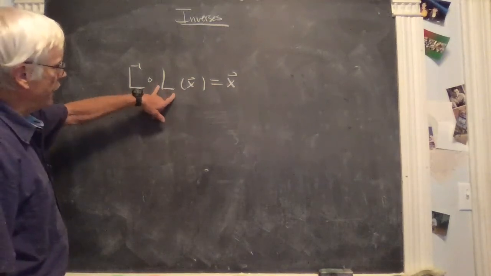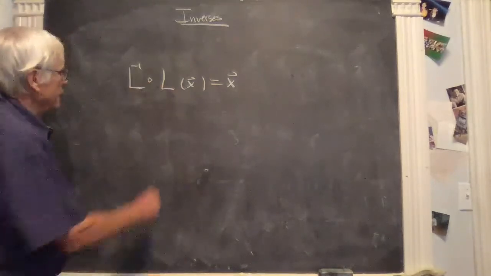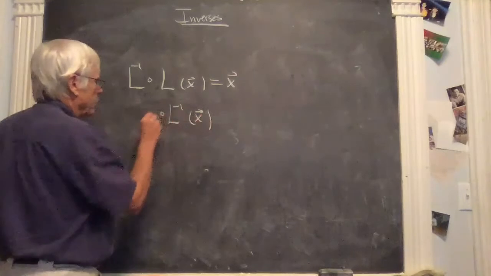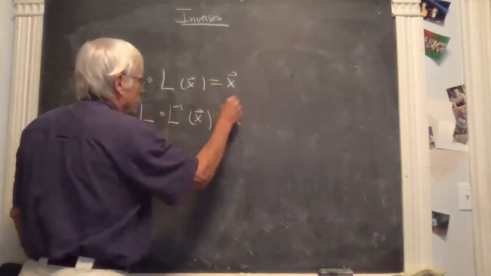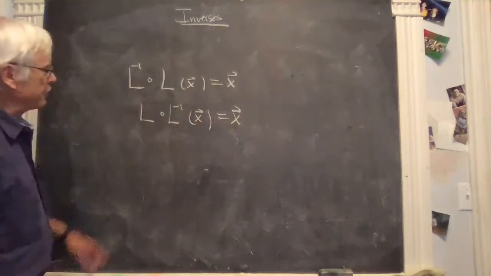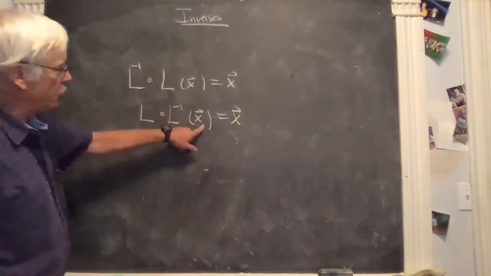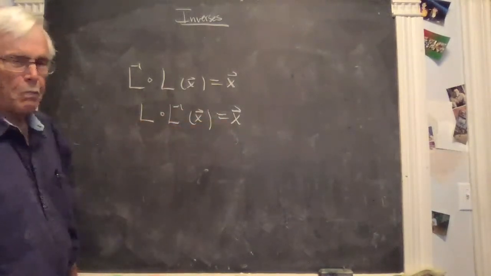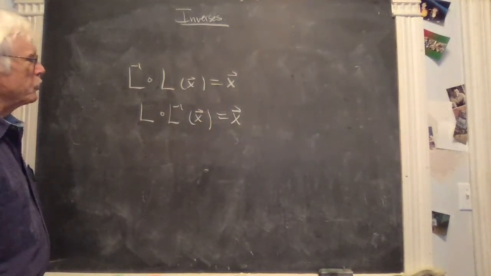So if L is tying your shoes, L inverse is untying your shoes. And this works both ways. If you transform a vector with L inverse, and then do L to that, this is again where you started. So if you start with X and you do both of these, you're right back to where you started. That's what it means to be the inverse. L and L inverse undo one another.